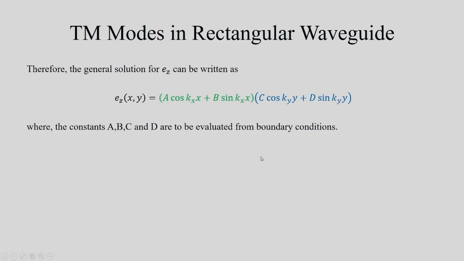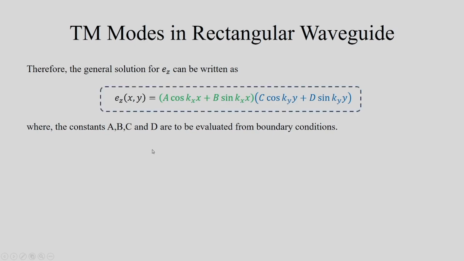Now, these a, b, c, d are to be determined from the boundary conditions. And this shows the Ez component, the Z component of the electric field, in the general form.